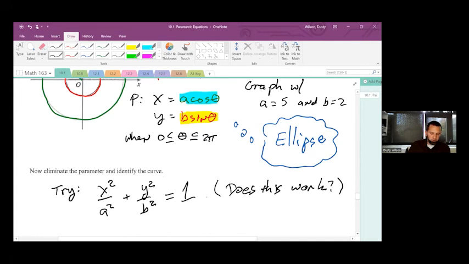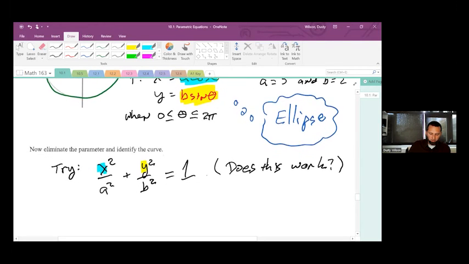So to figure out if it's going to work, I'm going to take that teal x expression and put it in for x, and I'm going to take that yellow y expression and put it in for my y and see what happens.